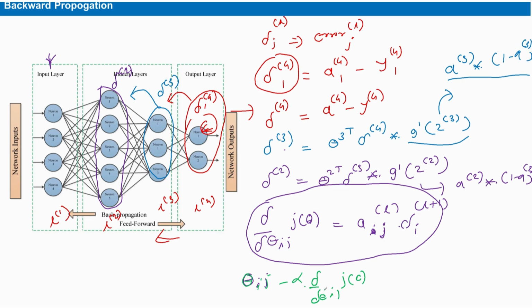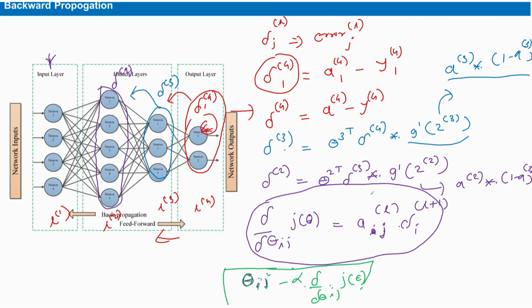This is how backward propagation gets computed, and in this way all the thetas get updated in order to minimize the cost function. I hope you understood.